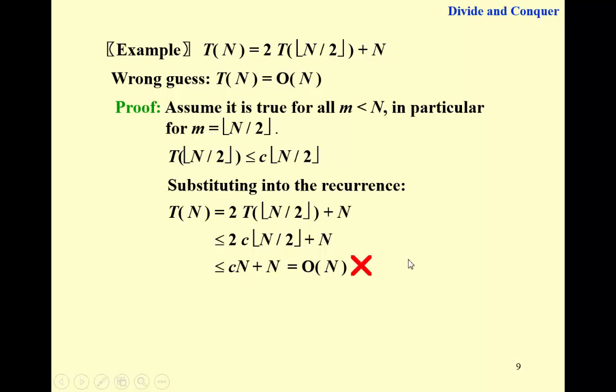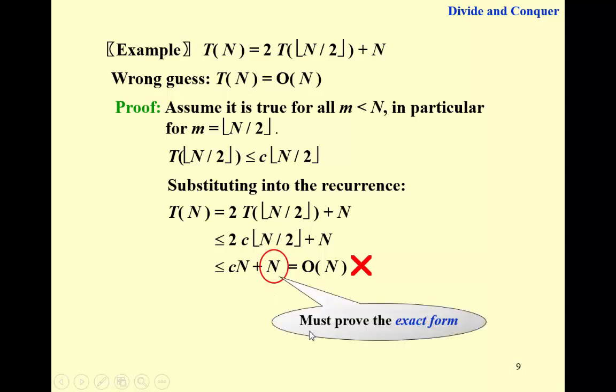And the answer is no, that is not true. Because what we're trying to prove is that if this inequality is true for all m, which means t of m is bounded above by a constant times m for all m that is strictly less than n, we must prove that t of n is bounded above by this constant, this same constant, times n, without adding anything.